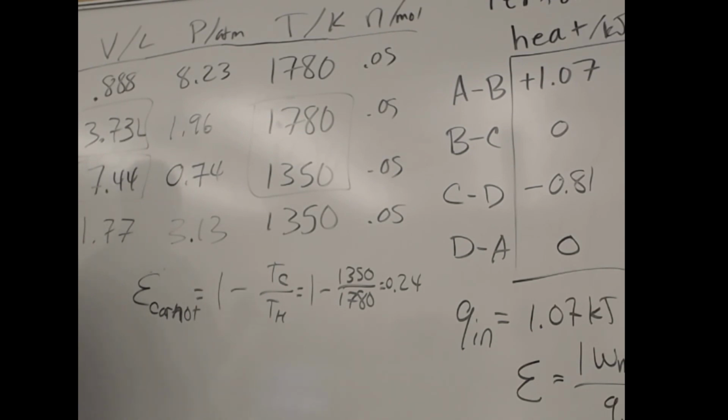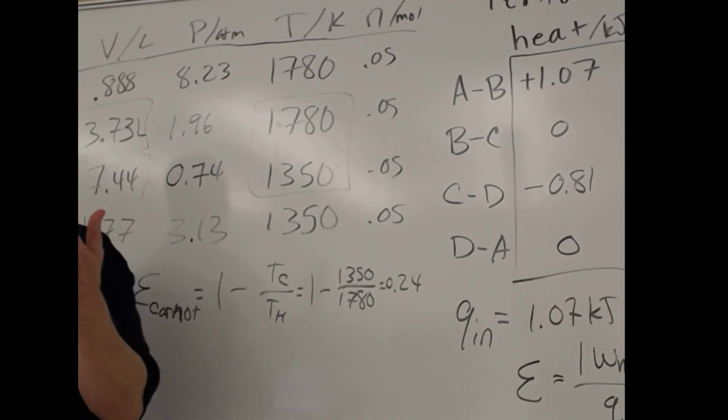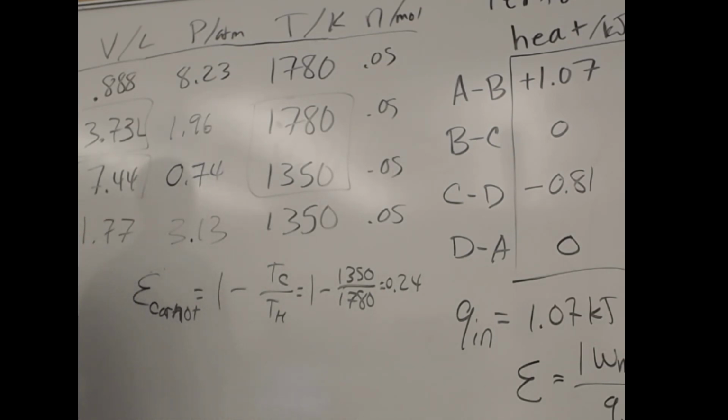Now we can't do that for the Stirling engine because the Stirling engine's not a Carnot cycle. So when we did the heat and work and all the expansions for the state variables table and then the performance values for the Stirling engine, we got 0.16 efficiency. And the temperatures in the Stirling engine that we used to fill out the state variables table, if it was a Carnot cycle, would have given 34% efficiency.